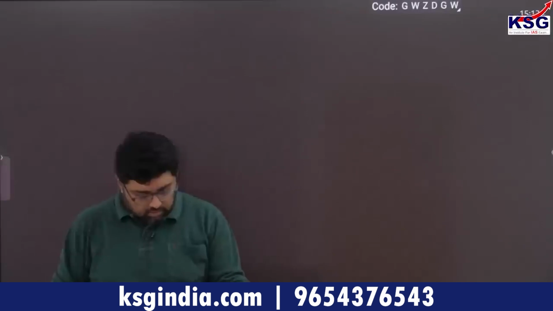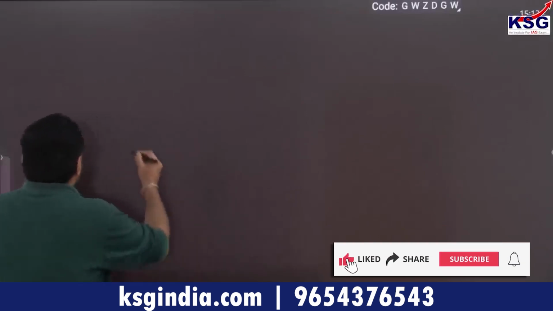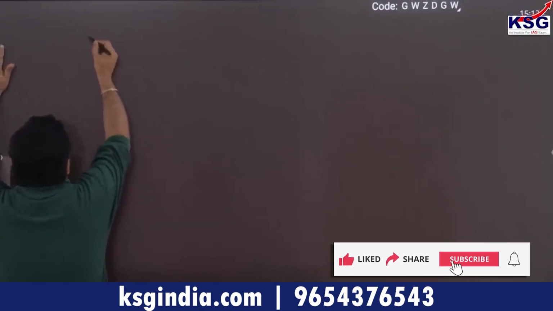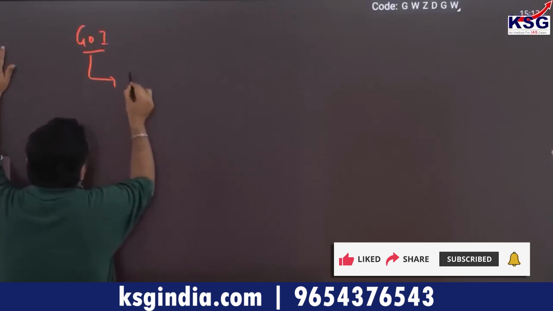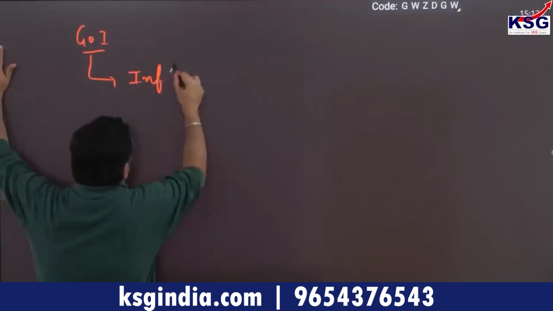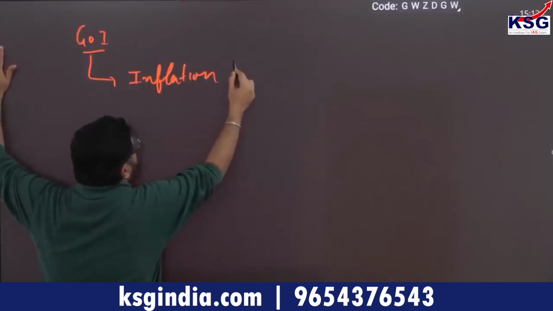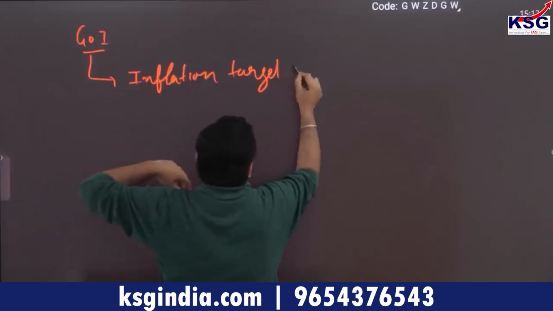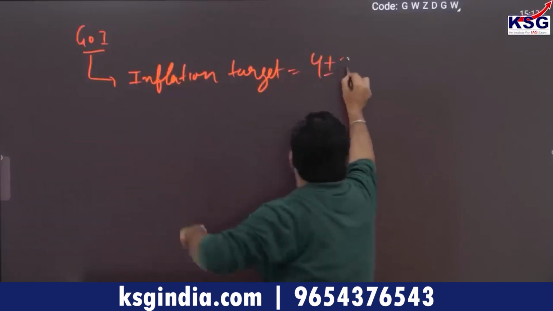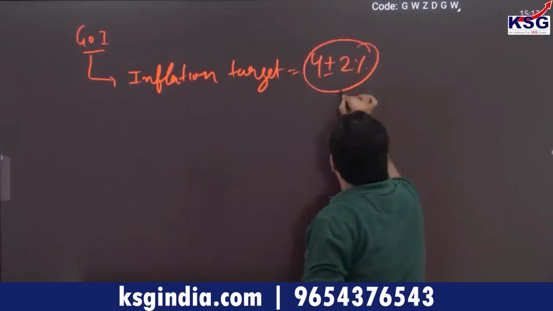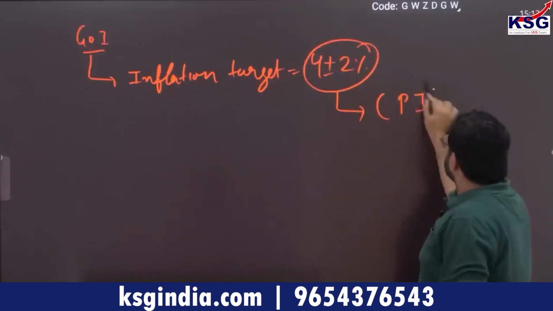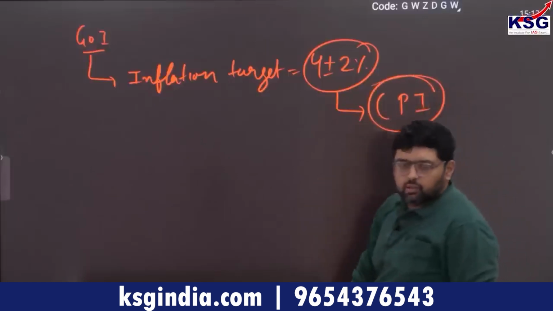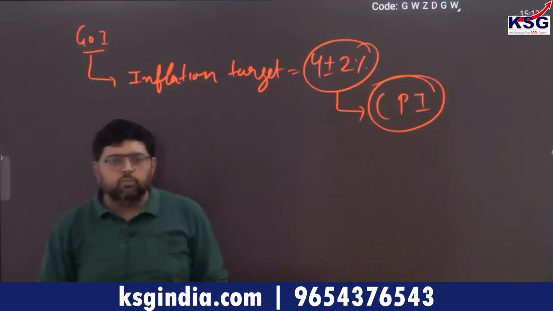Now if I talk about the role of Government of India, as I already told you, the role of Government of India is to decide the inflation target, that is 4 plus minus 2%, and this inflation target is linked to CPI, Consumer Price Index. What CPI is, we will do in tomorrow's class.